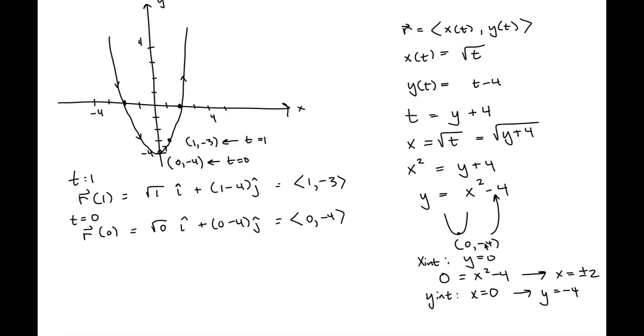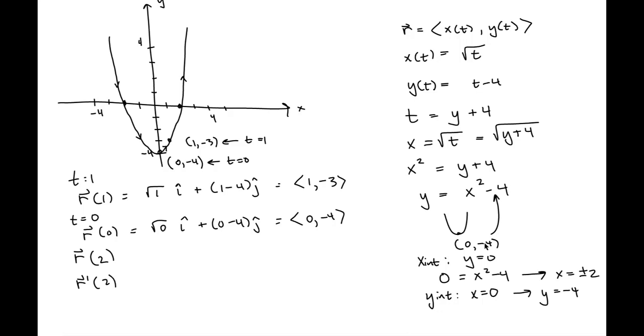Our curve is going from left to right. The problem asked us to find the position vector evaluated at t equals 2, and to find the derivative of the position vector evaluated at t equals 2.